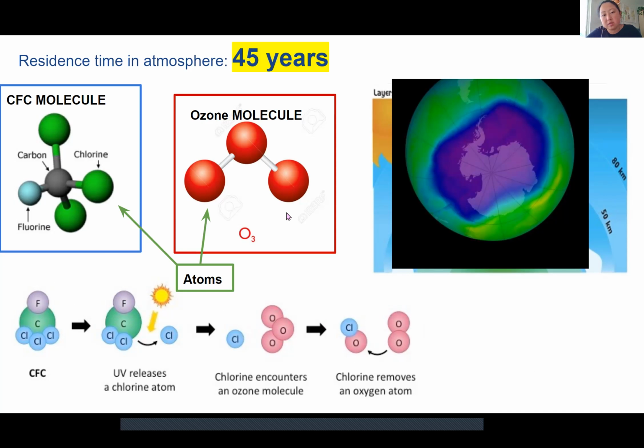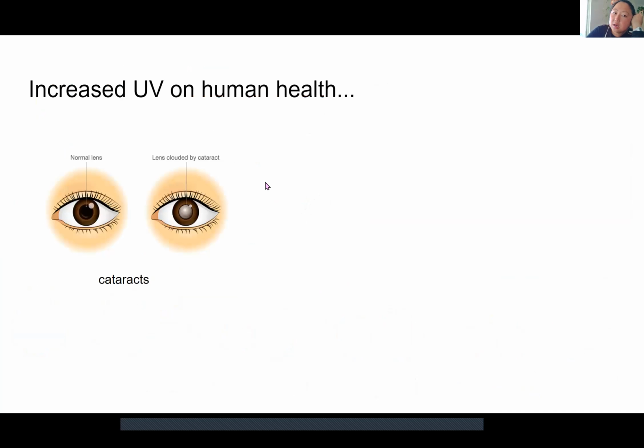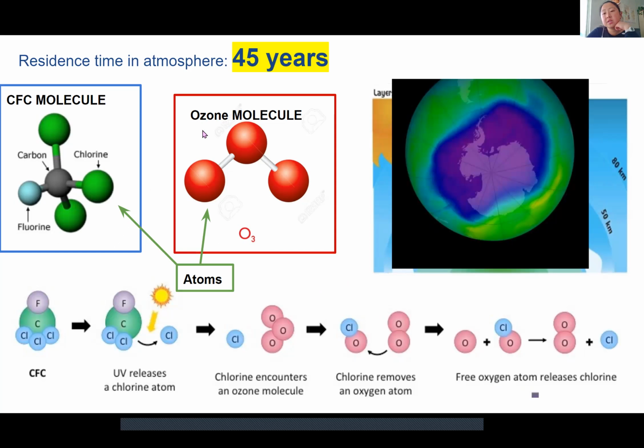Because remember, the ozone molecule is 3 oxygen atoms. So it's bonded and it's stolen one of the oxygen atoms, and thus now you have O2 and then ClO. So now you have this. And then the free oxygen atom releases the chlorine. So it's essentially breaking apart ozone molecules.